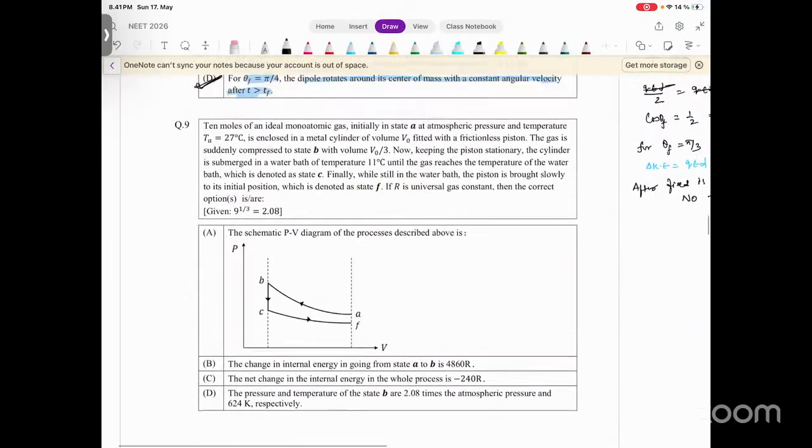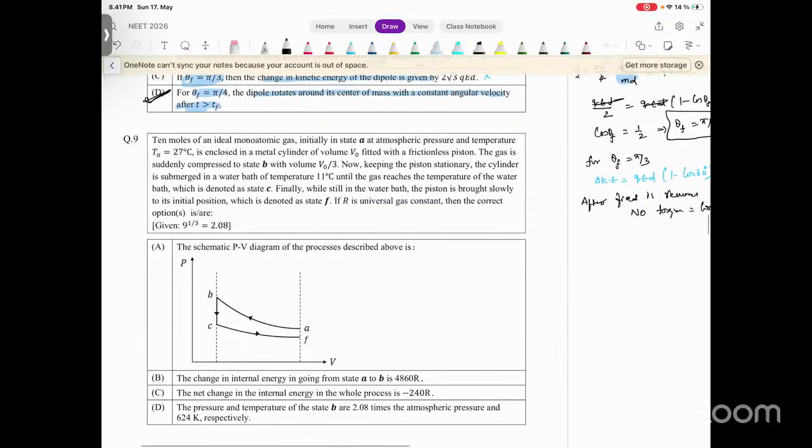Question number 9. 10 moles of an ideal monatomic gas, initially at state A at atmospheric pressure and temperature 27 degrees Celsius, is enclosed in a metal cylinder of volume V0 fitted with a frictionless piston. The gas is suddenly compressed to state B with volume V0 by 3.